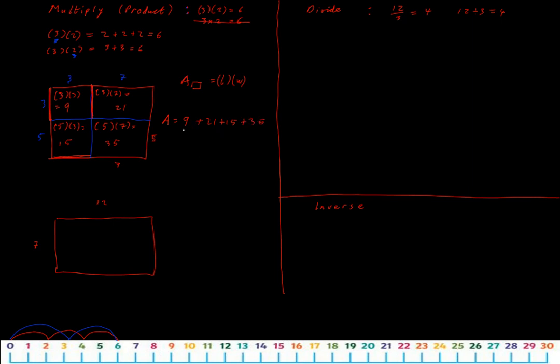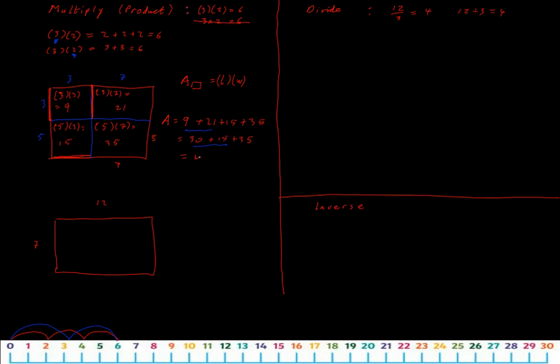I can add all those together, and I'm going to add them stage by stage. So 9 plus 21 is going to give me 30. So that becomes 30 plus 15 plus 35. Now I'm going to be adding 30 plus 15.